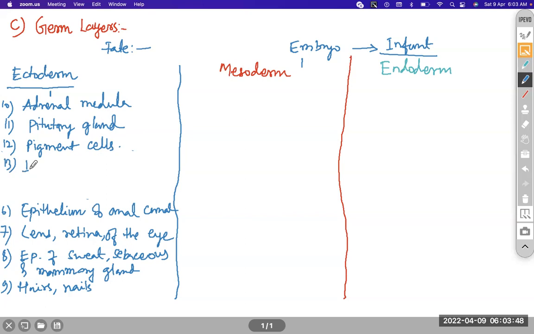Inner ear, लेबिरिंथ कहते हैं इसको. एनामेल, टीथ एनामेल.